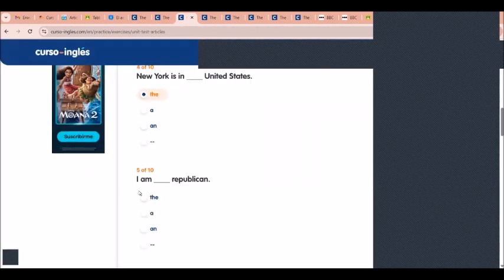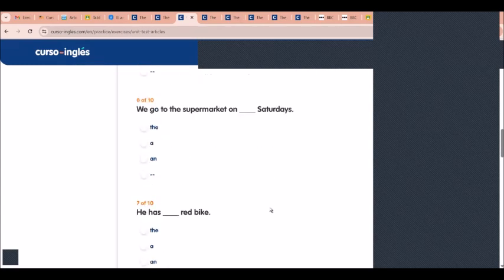It's a singular thing. What is here? A consonant sound. I am a Republican. There you go. I am a Republican. Of the two options, I am for the Republic.